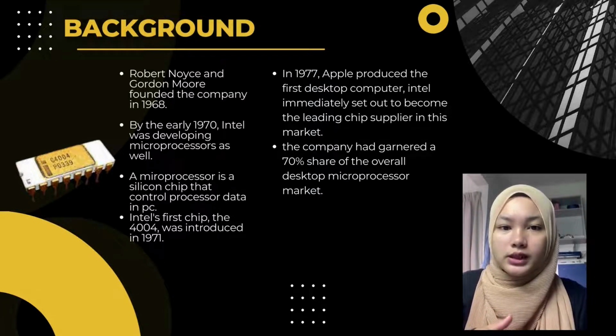A microprocessor is a silicon chip that controls processor data in a PC. Intel's first chip, the 4004, was introduced in 1971. In 1977, Apple produced the first desktop computer. Intel immediately set out to become the leading chip supplier in this market. The company had garnered a 70% share of the overall desktop microprocessor market.